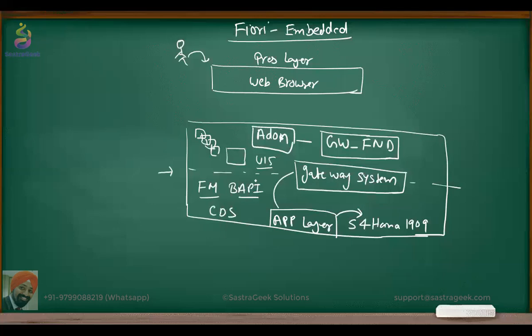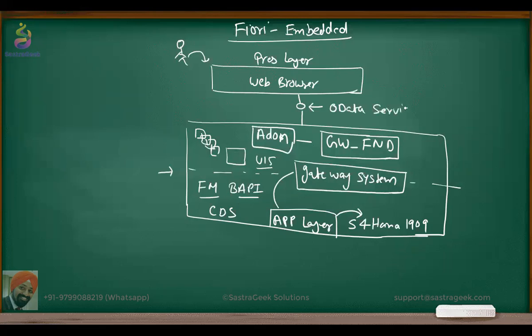So it's now a single application layer, which has a gateway also, and which would also have your backend system. So now an additional RFC connection is not required because it is inbuilt, it is embedded. These would definitely connect again with your OData service.